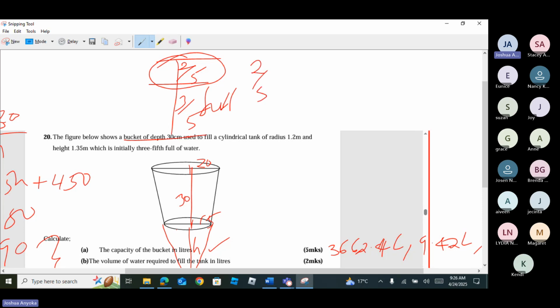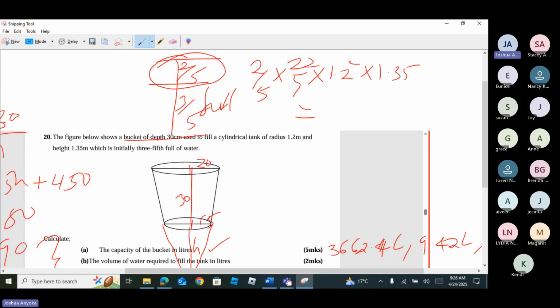So 2/5 times pi r squared h, 22/7 times 1.2 squared times height. And the height of the tank is 1.35.